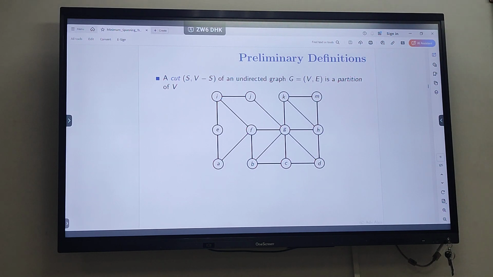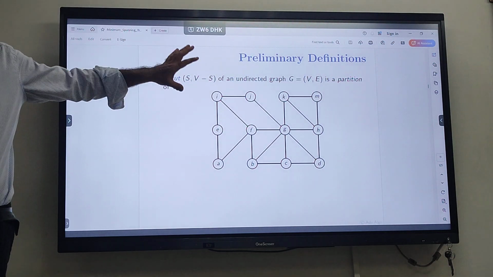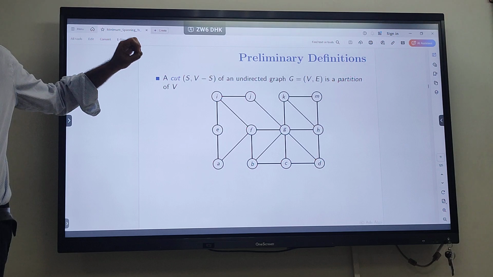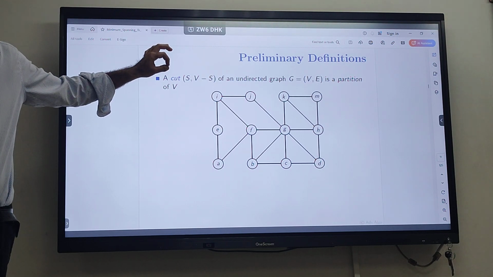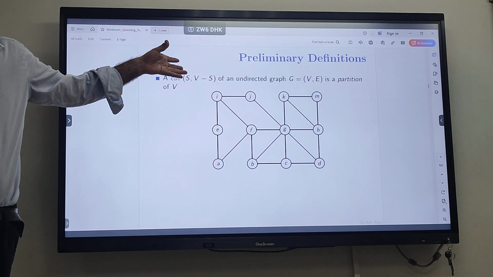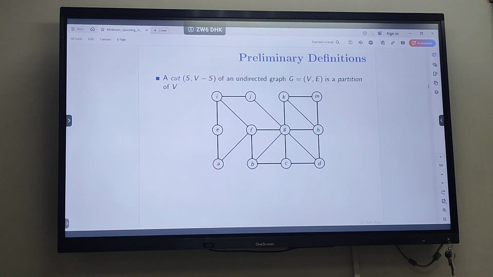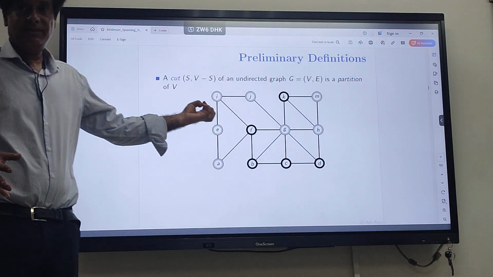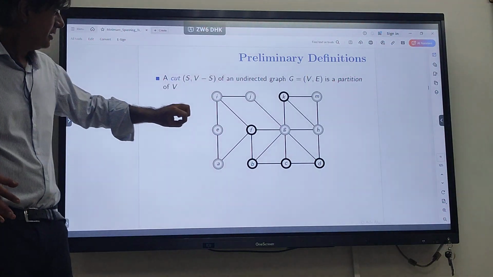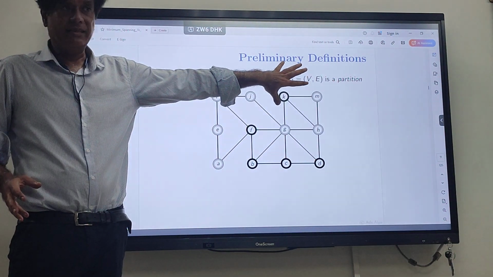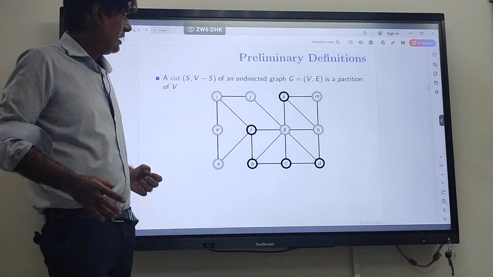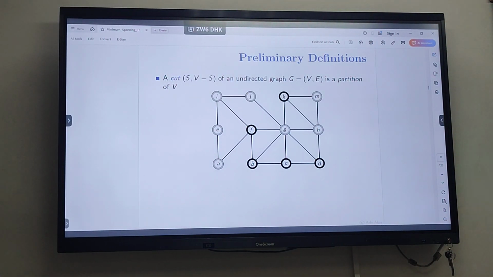So this is a graph, and there are no weights being shown here because the emphasis is not on the weight but on the partition and cut. So this is our group S, the dark one. Okay? The light one are the V minus S group. Okay? And the boundary between these two groups is something like this.